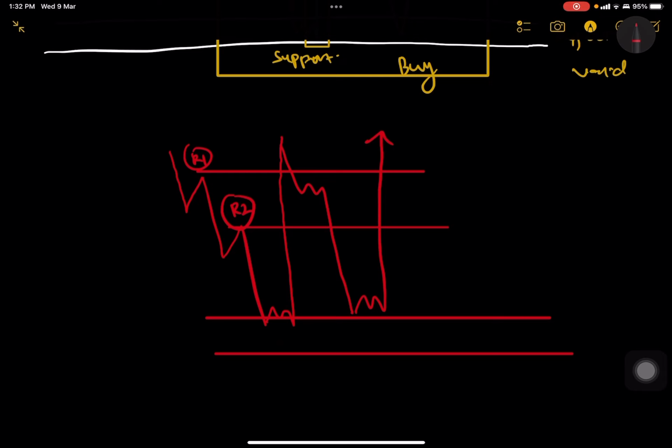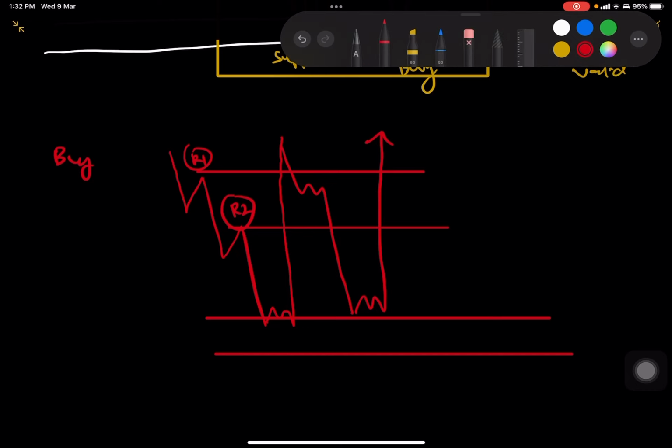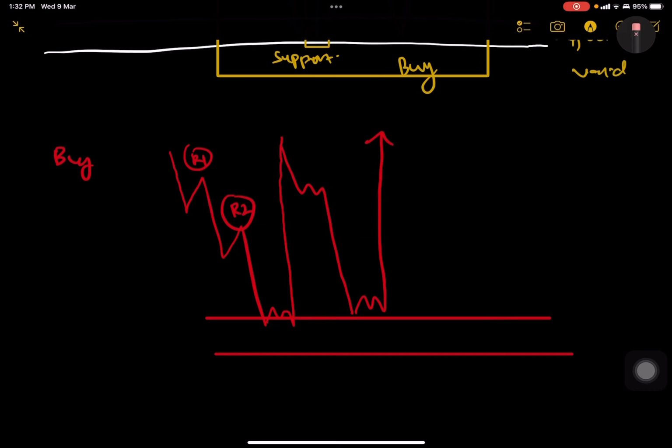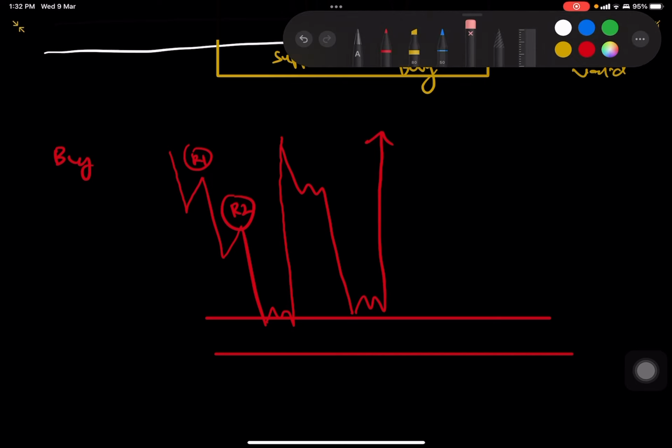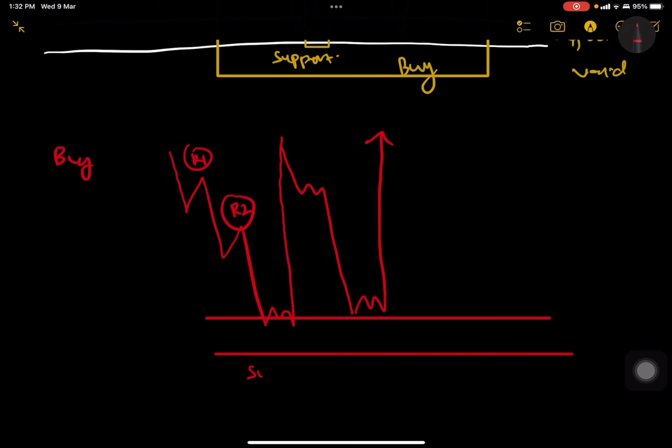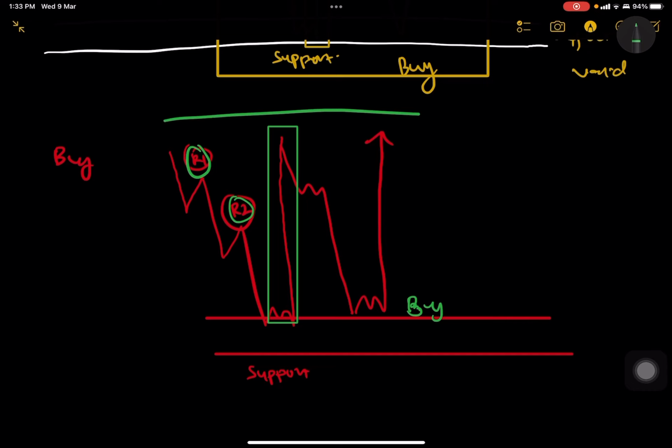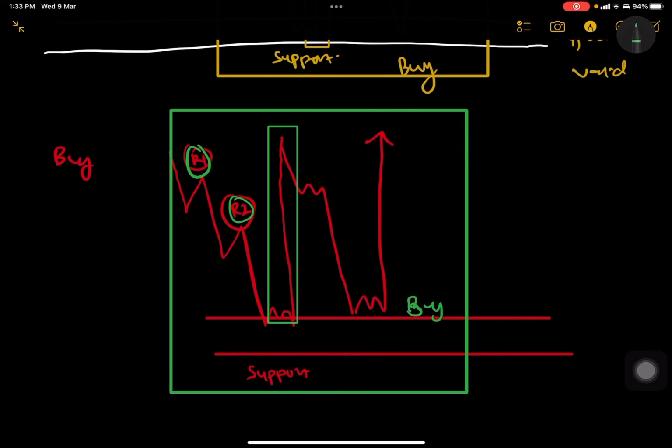So this is how the buy pattern looks like. If I erase the line, it will look like this. The key here is to have a support and to have one candle that broke two resistances, R2 and R1. Okay, this is the confirmation for buy, and this pattern will be in M1 or M5.